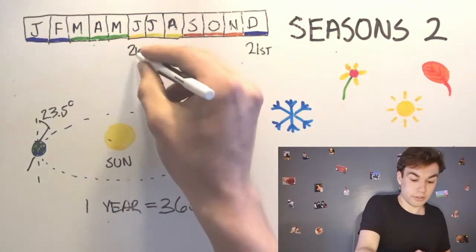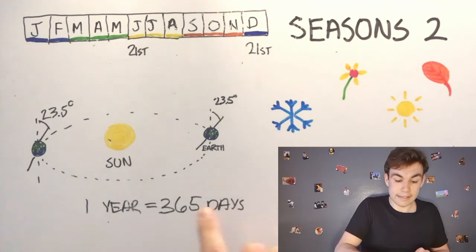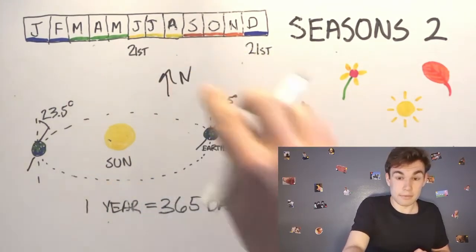The 21st of June is the longest day in the northern hemisphere.